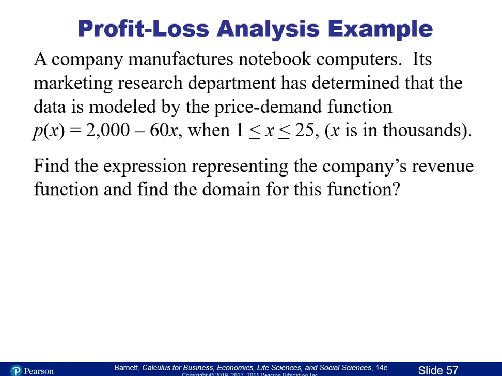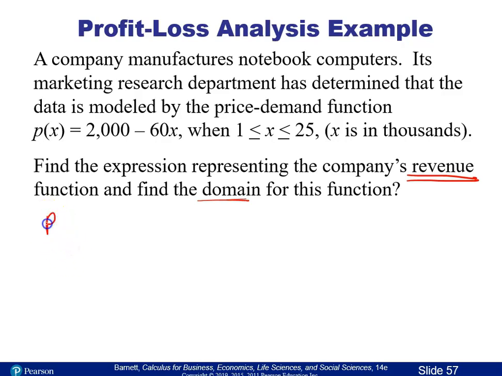All right, our last example here is looking at, it says a company manufactures notebook computers. Its marketing research department has determined that the data is modeled by the price demand function. So again, we have our price model based on the number of units. We want to find the expression representing the company's revenue function and the domain for that particular function.